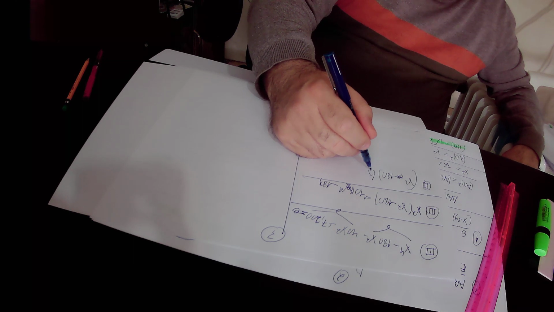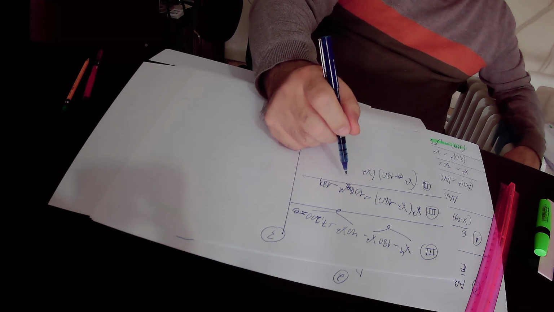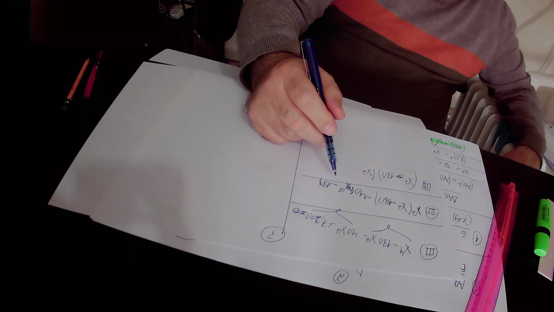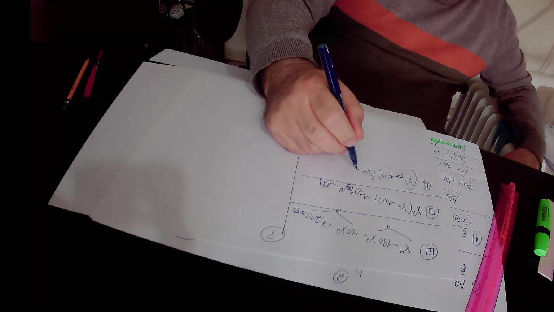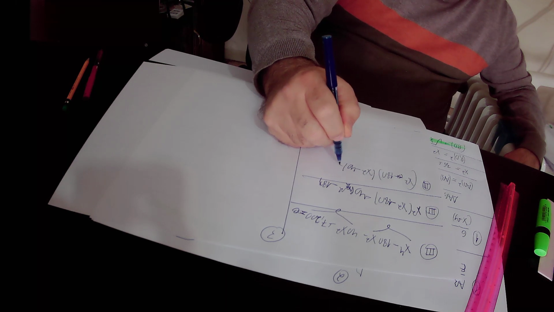What is left is actually x squared. And what is left from the other expression? What is left is actually minus 40, and it must be equal to 0.